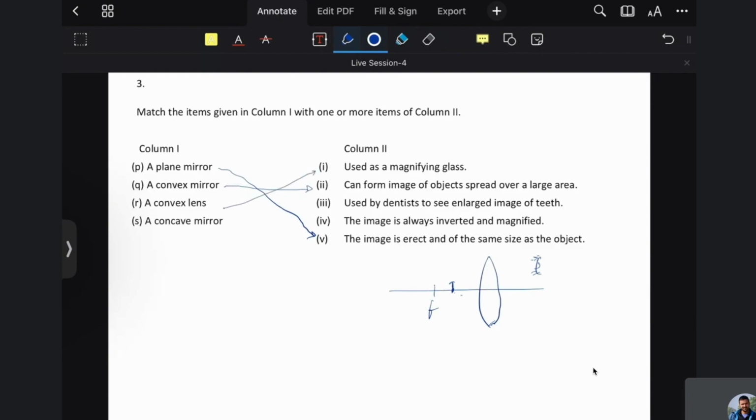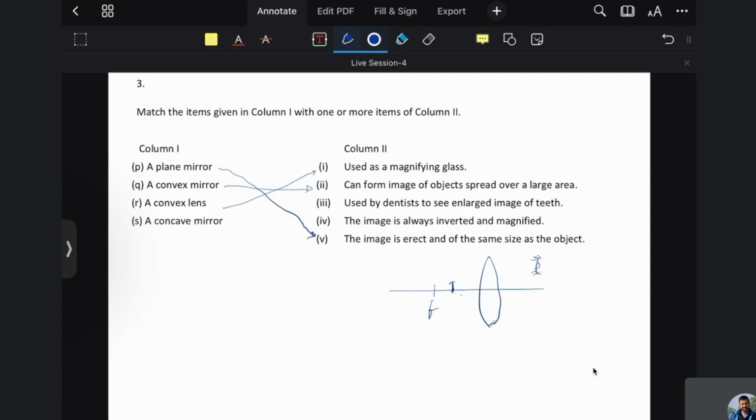And then a concave mirror. A concave mirror is also used to form an enlarged image. If you have ever been to a dentist, you might have seen them using a concave mirror on their forehead, to enlarge the image of teeth so that they can look carefully at the cavities and everything.